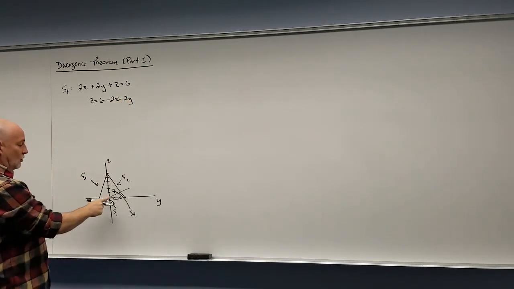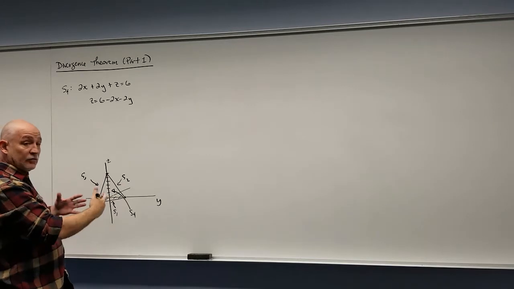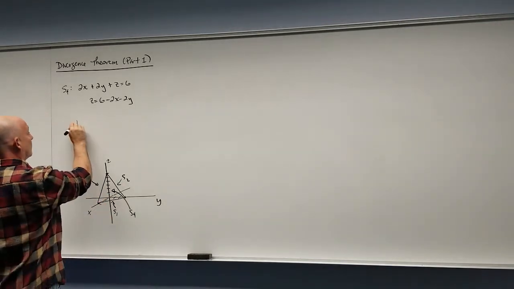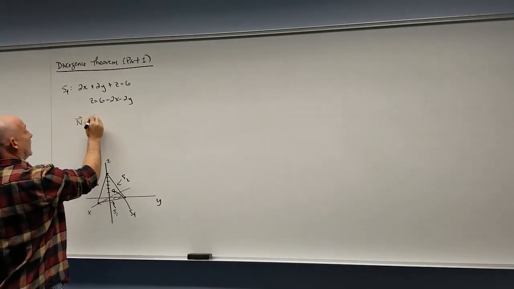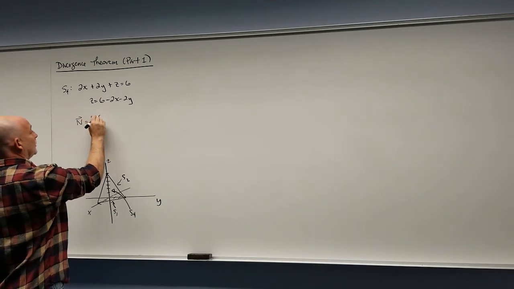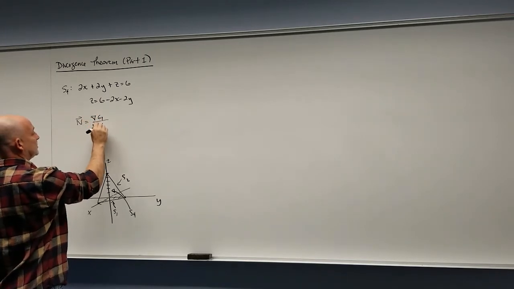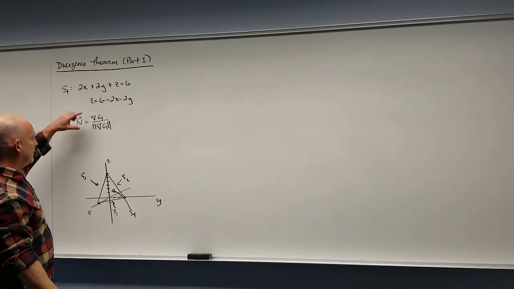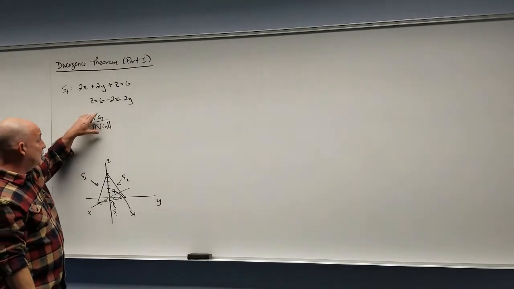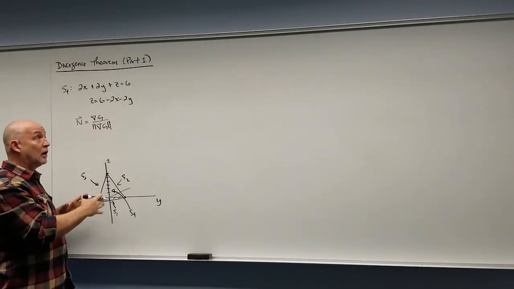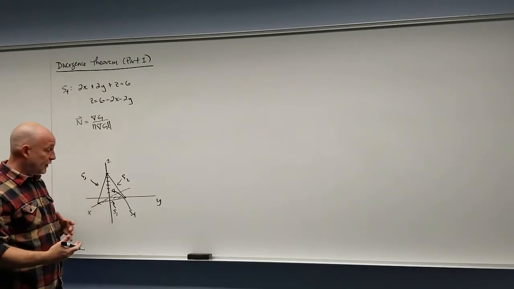So what would the normal vector on this surface be? Well, this is one we just can't look at. We know the normal vector here is del G over the magnitude of del G. Now we have to determine which way to define G, because to do the divergence theorem, we need the outward facing normal.